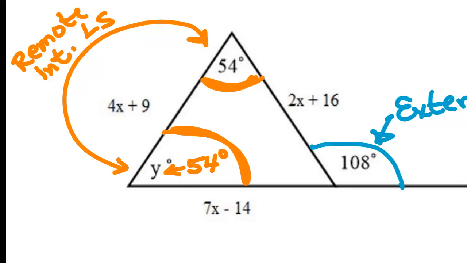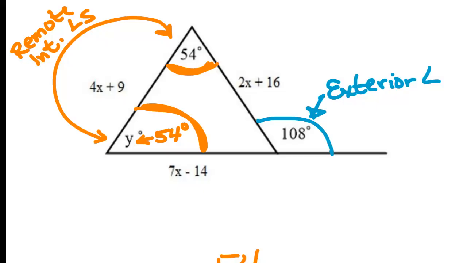Isosceles triangles don't just have two angles that are the same. They also have what? We don't just have two angles that are the same, we also have two sides. We got to figure out which sides those are so we know which x's to set equal. How do I find the sides that are congruent?